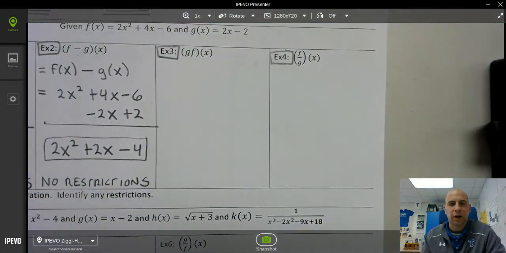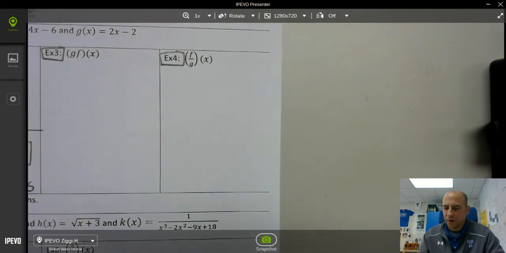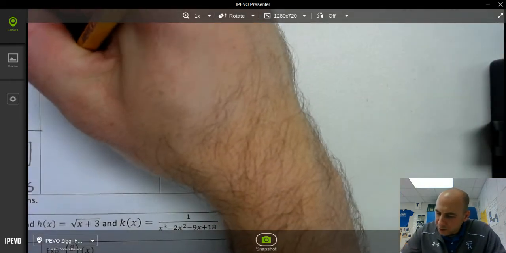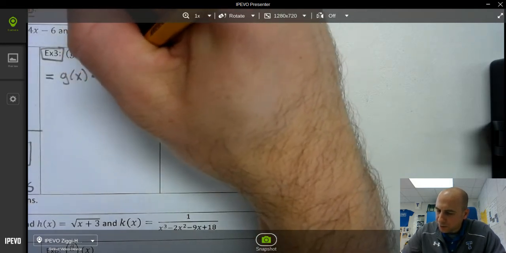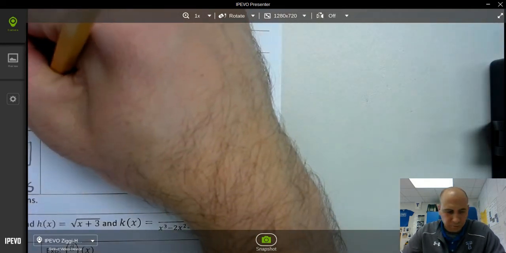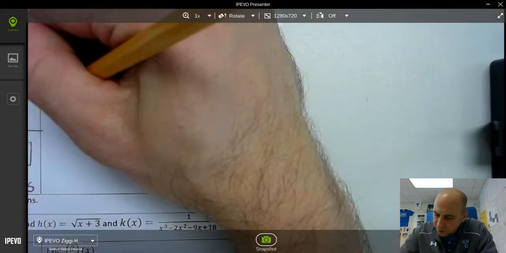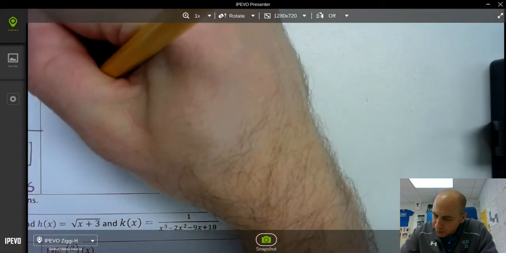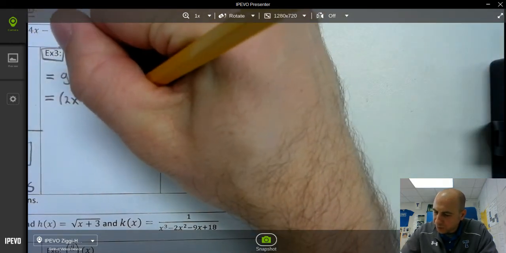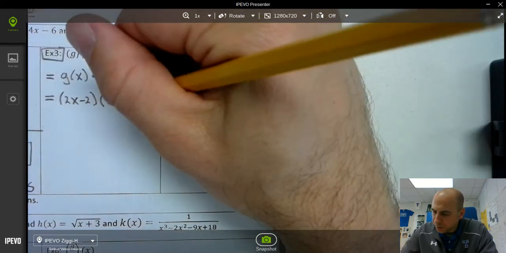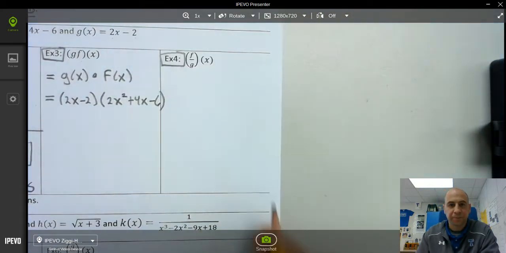Okay. All right, let's look at example 3. That is g of x times f of x. So g of x is 2x minus 2 times f of x, which is 2x squared plus 4x minus 6.